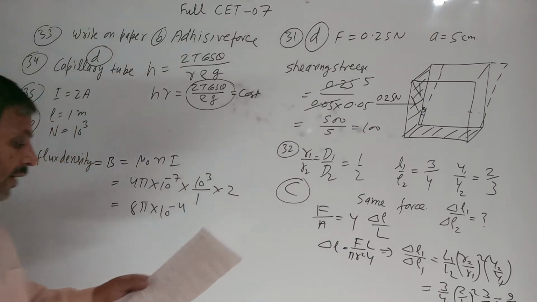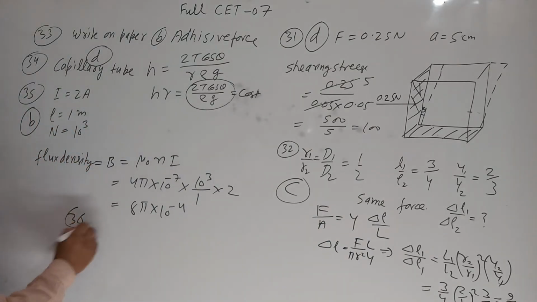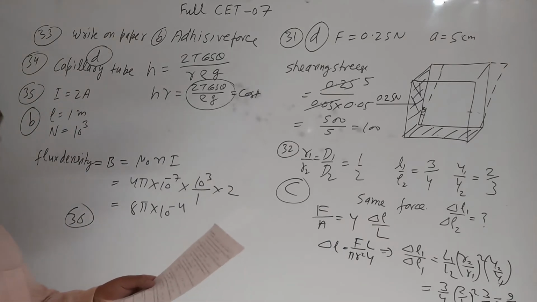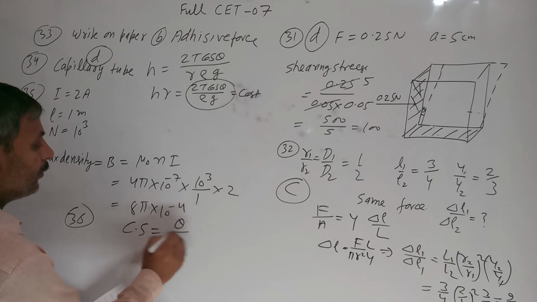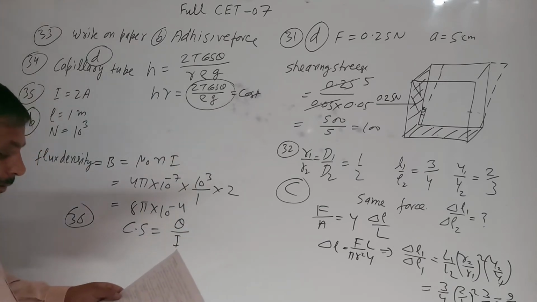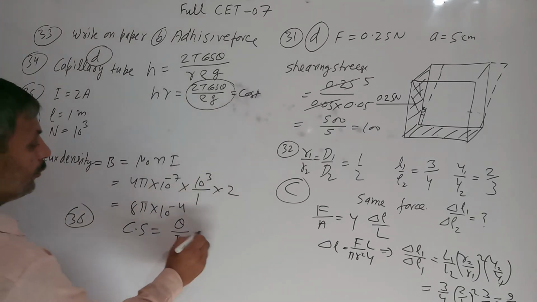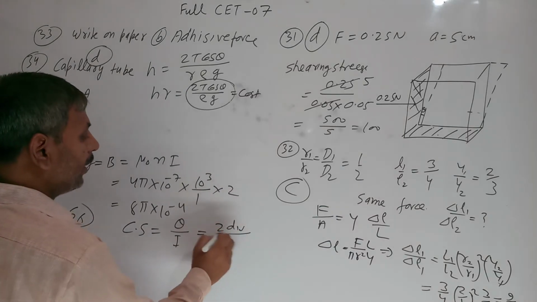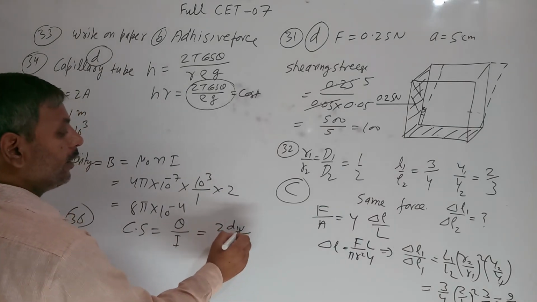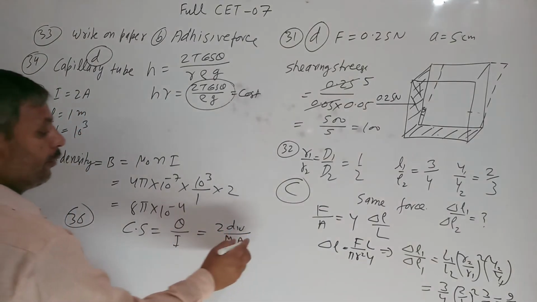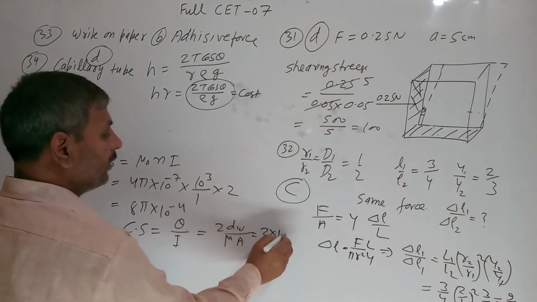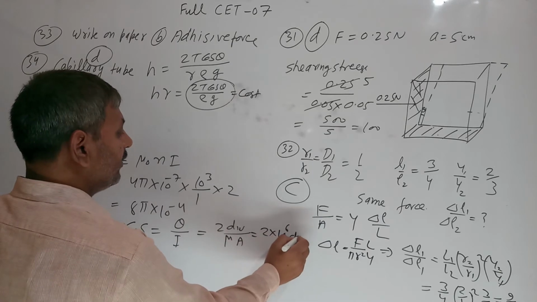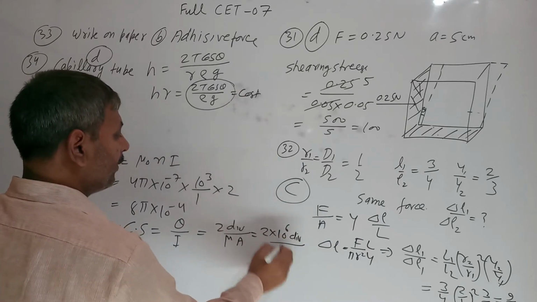Question number 36. They have given current sensitivity CS. So CS is equal to theta upon I. They have given 2 division per microampere. So micro, if you convert, is 10 raised to minus 6, which goes to the top, so 2 into 10 raised to 6 division per ampere.